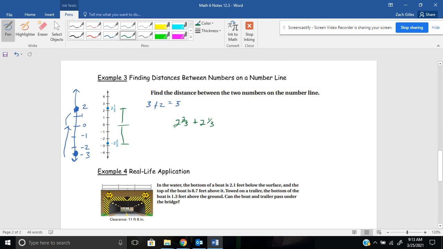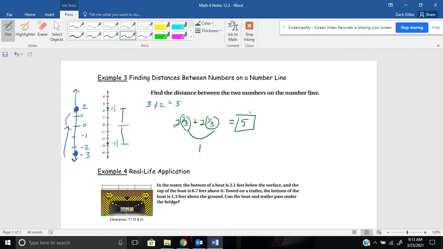So I'm just adding then. Well, I know 2/3 and 1/3 give me 1 whole, plus 2 and 2 give me 4, plus this 1 whole would give me 5. And that's kind of the method I'm using to find the distance between two numbers on a number line.